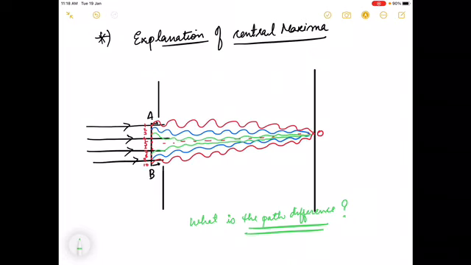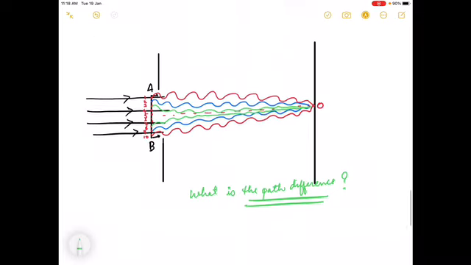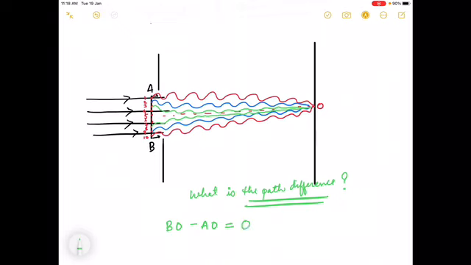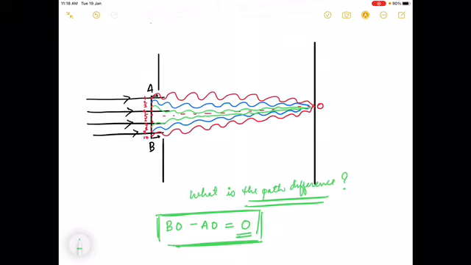In all these emissions, 1 and 10, 2 and 9, 3 and 8 and so on, if I talk about BO minus AO, which we normally call the path difference, can I say the path difference is coming out to be 0? Very important thing which you have to understand here.